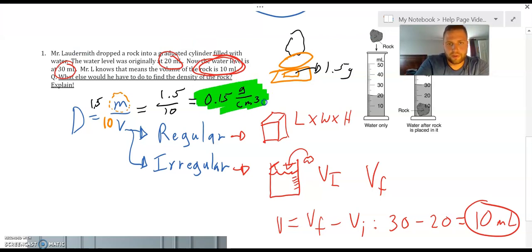This here would be our final answer. So to conclude and wrap up the question, what else would Mr. Laudermilk have to do to find the density of the rock? If he figured out the volume, he would have to go grab a balance, put the rock on the balance, figure out the mass, and then divide the mass by the volume to get an answer similar to what we came up with on the screen.